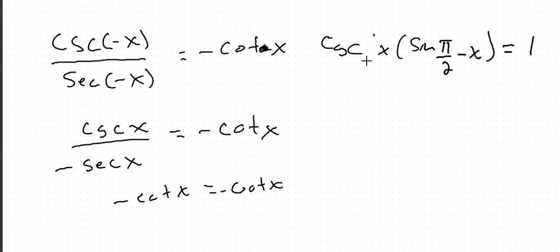Well, this has a phase shift in it, right? So if you take negative sine x and you shift it to the left pi over 2, what function do you get? Cosine. And that's equal to 1.